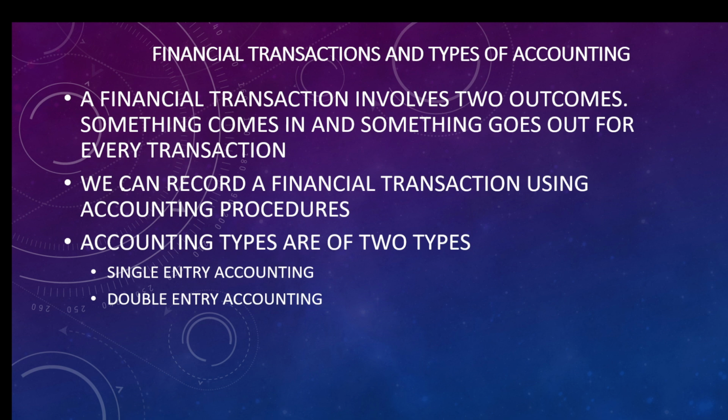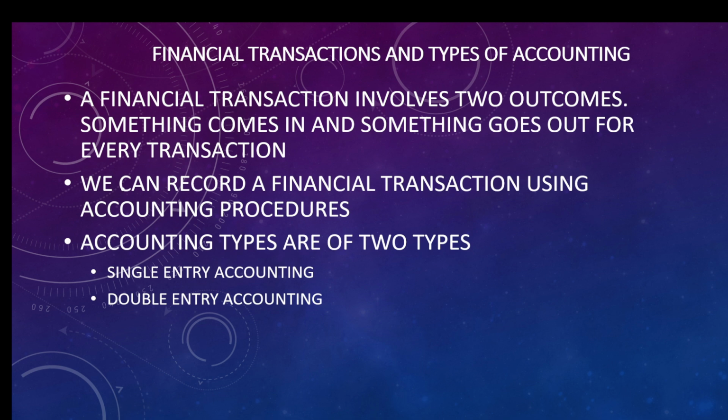If you look at this example, something comes in and something goes out. What comes in here is a spare part. What goes out here? Cash goes out. That's why a financial transaction involves two outcomes. Something comes in and something goes out for every transaction.